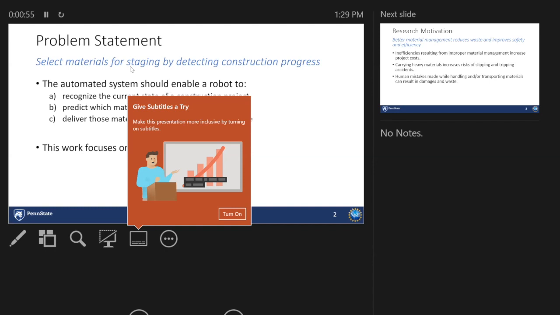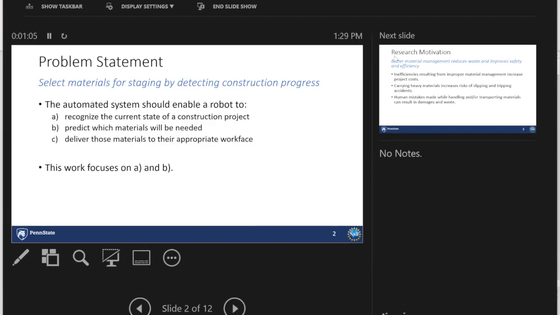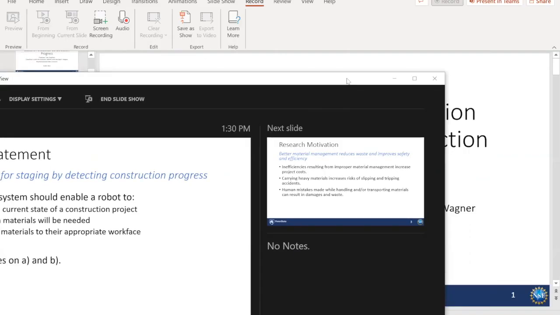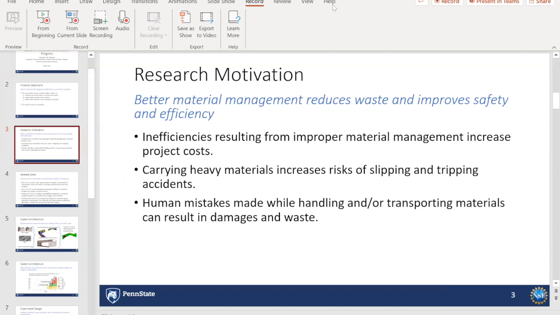Just to stop you 1 second, could you make it full screen? Because now I can. Oh, it's sharing the wrong. Yeah, okay, I'm sorry. That's all right. I don't know why it would do this. I apologize. It's projecting onto my extended screen right now. No worries.